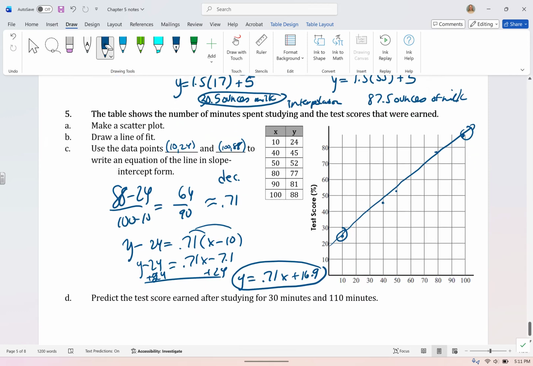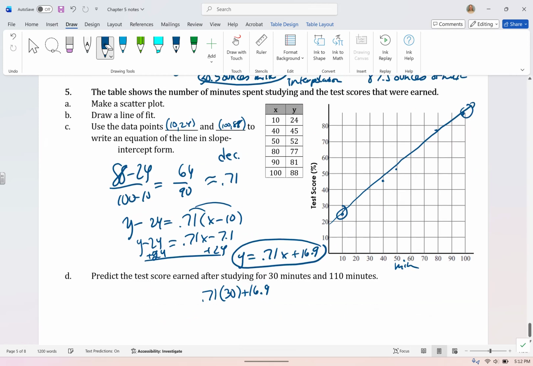What if he studied 30 minutes? This is the minutes of studying. So if x is 30, it's 0.71 times 30 and add 16.9. So it'd be interpolation. And that means that he would get a 38.2%.